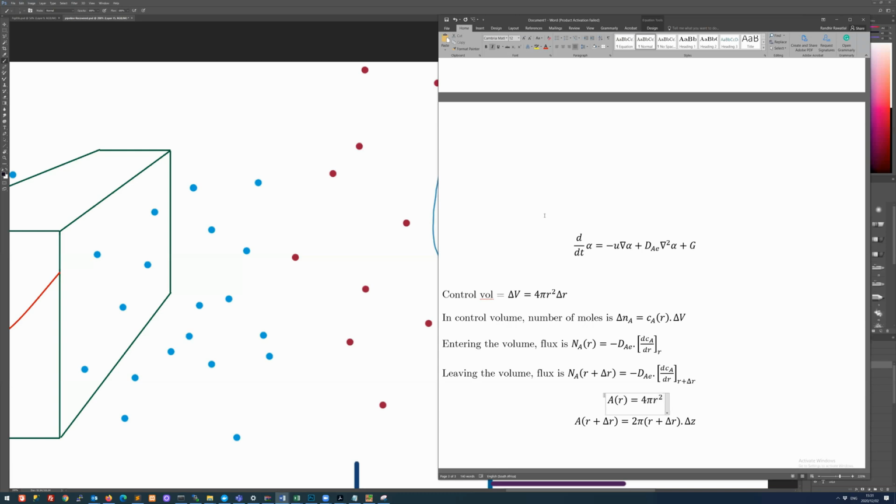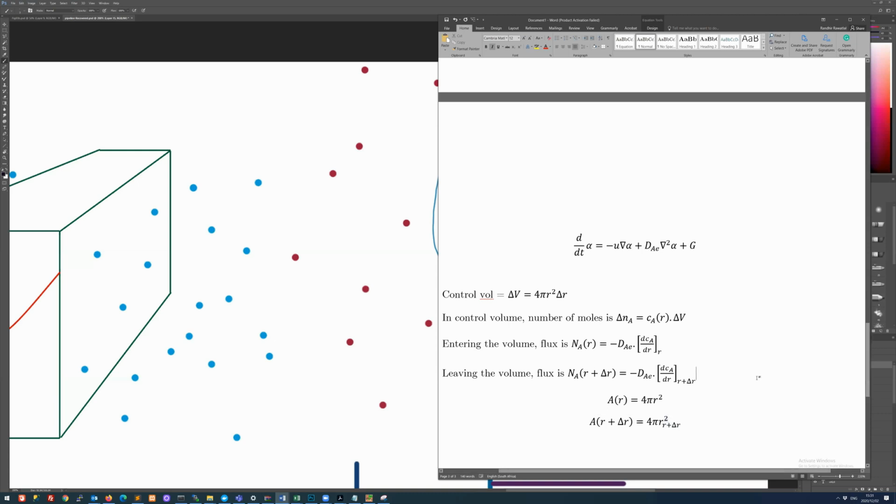And then for leaving, we've got the form for the diffusion flux, and we need to multiply that by the area at r plus delta r. So this one is going to be 4 pi, and we know the little trick we're going to use here, so we're going to write this as 4 pi r squared at r plus delta r.